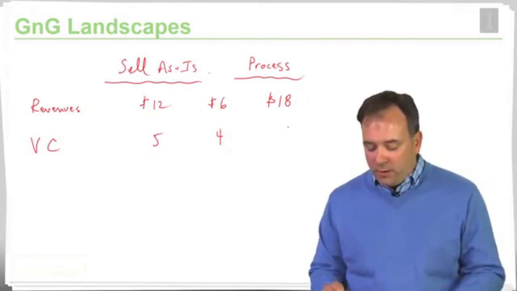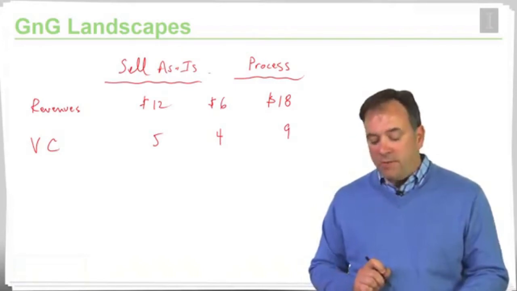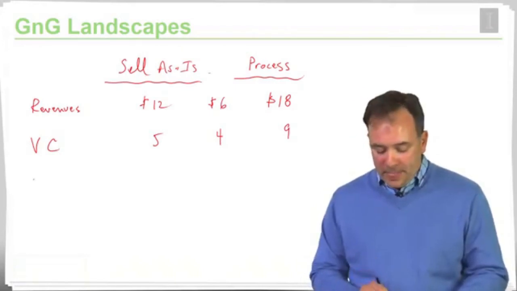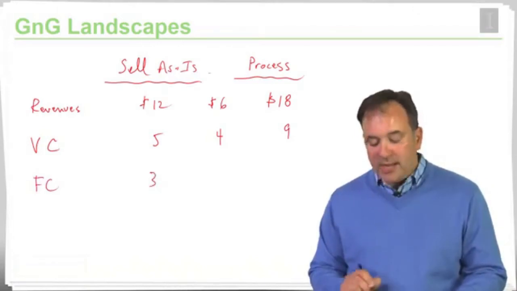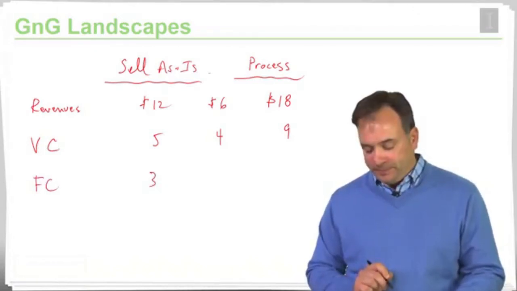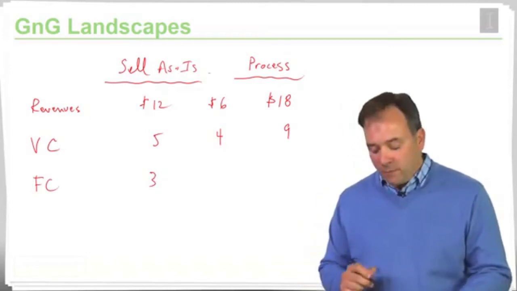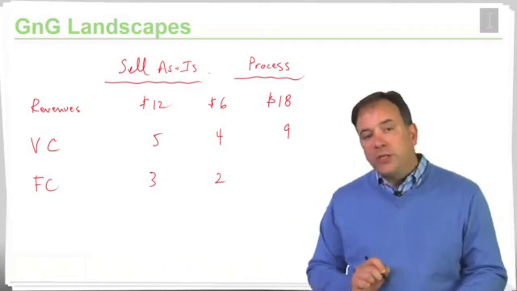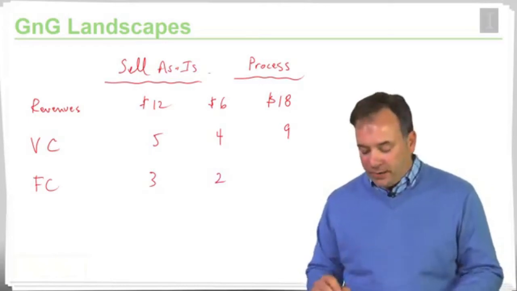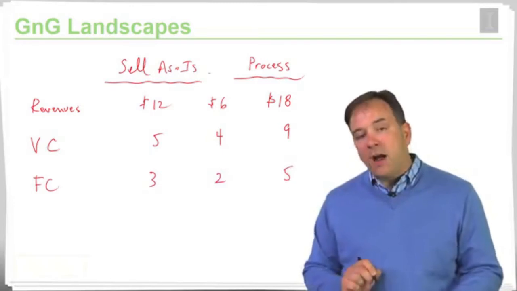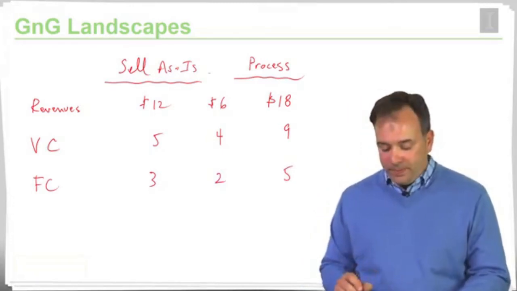And so therefore, processing further results in variable costs of $9. The fixed cost on a per unit basis is reported as $3 per unit. And if we were to process the roses further into the long stem variety, our information says that we would incur $2 more in fixed costs per unit, yielding $5 per unit.